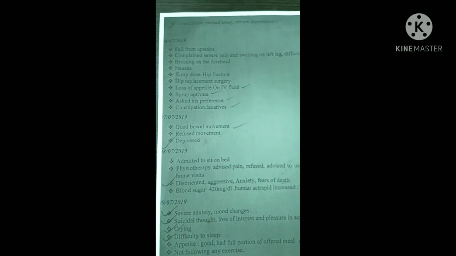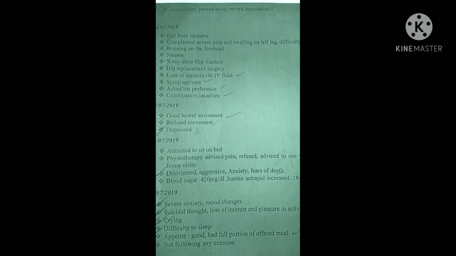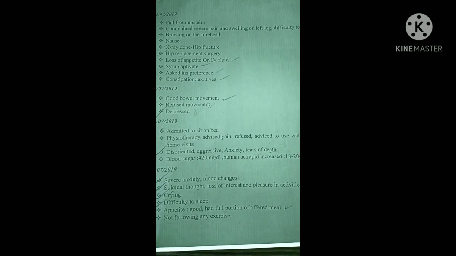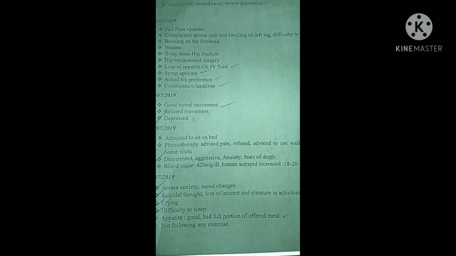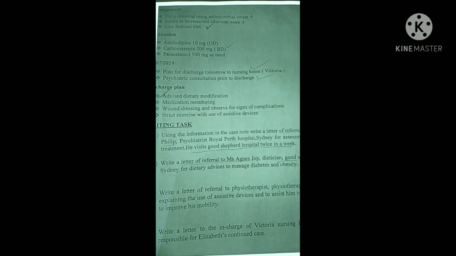Here it mentions her reason for admission, a fall from upstairs, what procedures were done, her progress in the following days, and what happened to her during hospitalization. Next comes the management, what medication has been given, and the discharge plan.